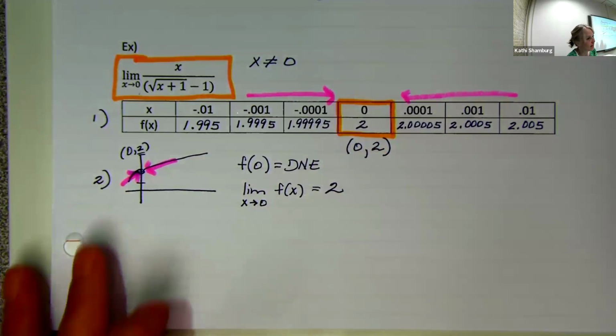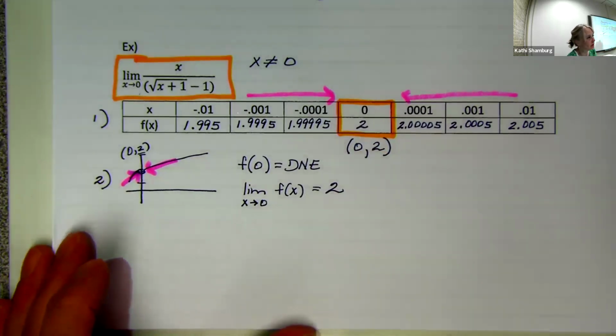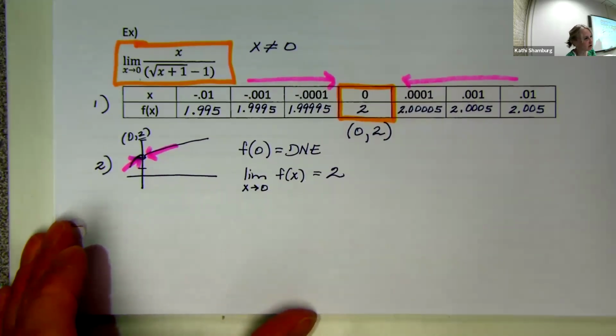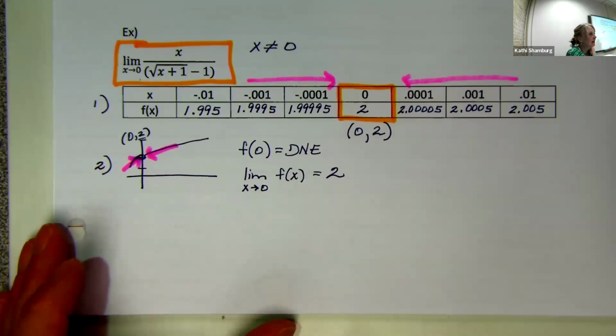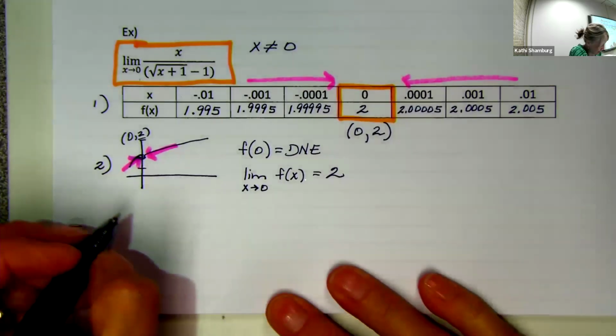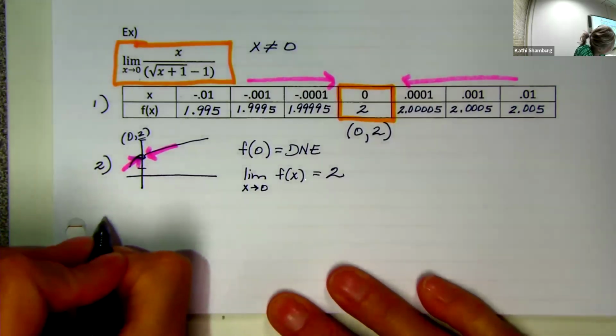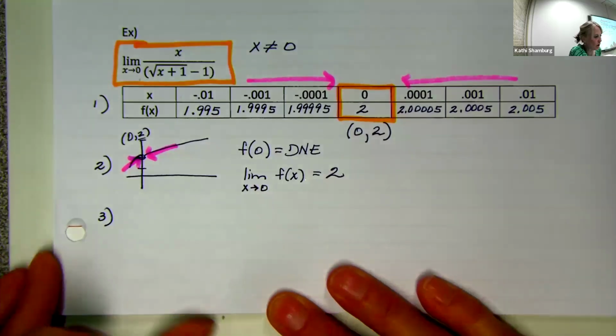Now, the algebraic approach is a little bit more of a booger on this one because look, we have that square root in the denominator. This is going to require a little bit more work.